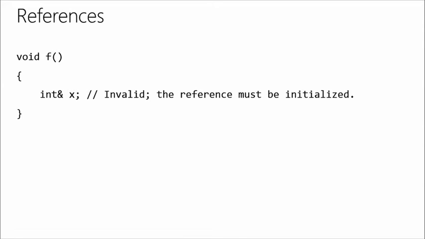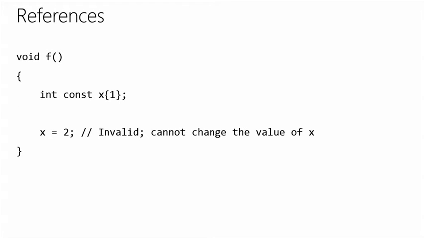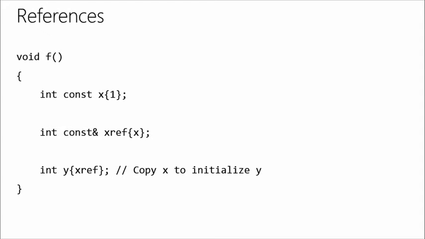The second important feature is how references interact with the const qualifier that we introduced. As we saw in the last module, an object can be const qualified, which means that it can't be modified. So if we have a const int, we can't change the value of that integer. A reference can also be const qualified. If we have a const int, then we can have a const reference to it, which means that anytime we use that reference, we can read its value, but we can't actually change it.